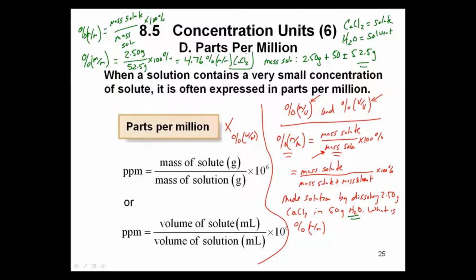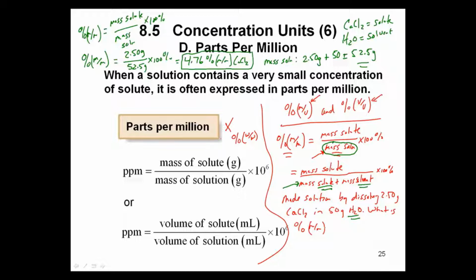So this is a third percentage unit, which is used a lot. Again, it is percent mass to mass, or percent weight to weight, as it is sometimes called. It's one that's used a lot in terms of concentration units involving percentages, but out of those three, you really have to make sure that for the bottom part, you get both the mass of the solute and the mass of the solvent and add them together, because usually in these types of problems, the information is given to you separately.